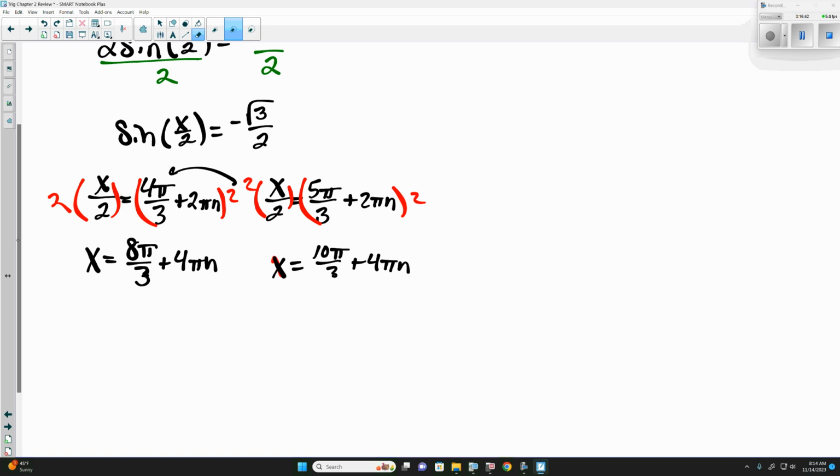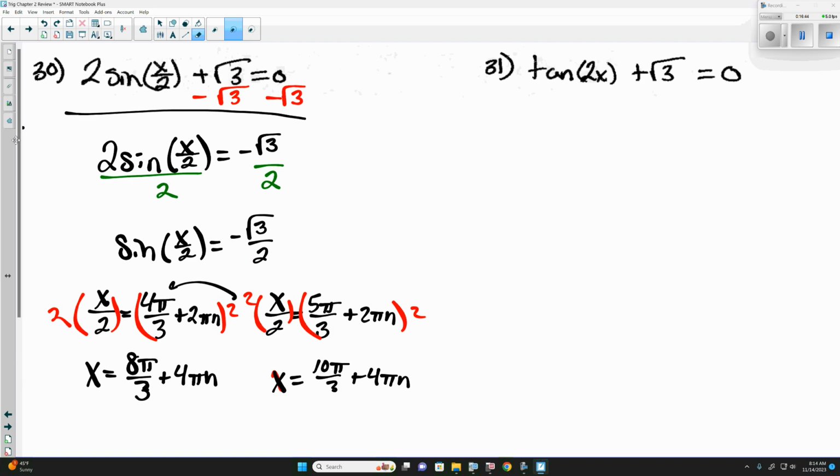But questions on this here? 31. Subtract square root of 3. Yep. Notice it.